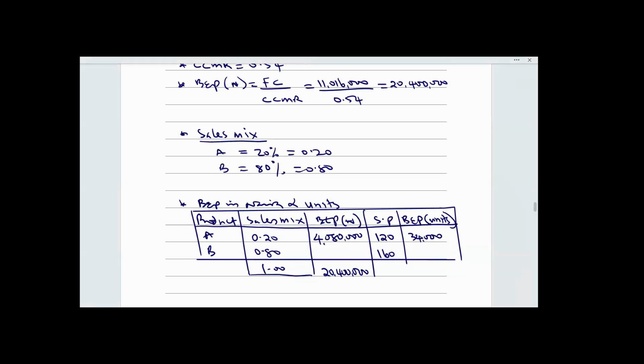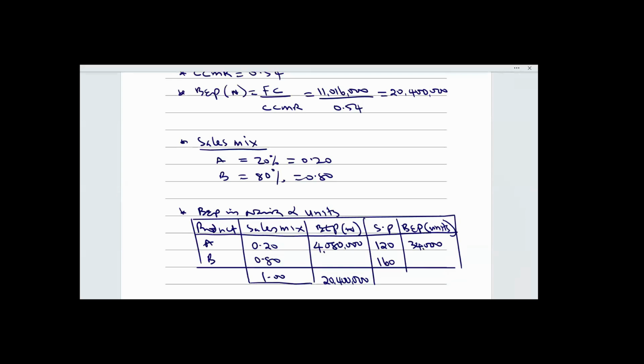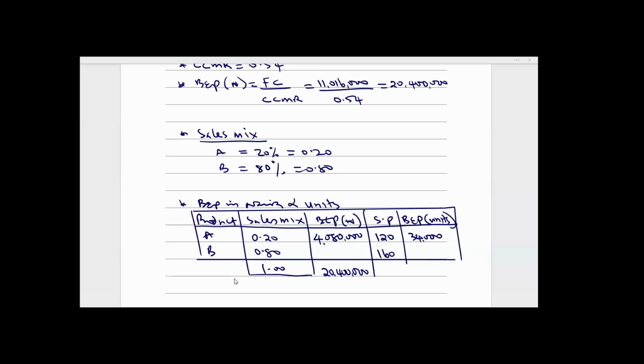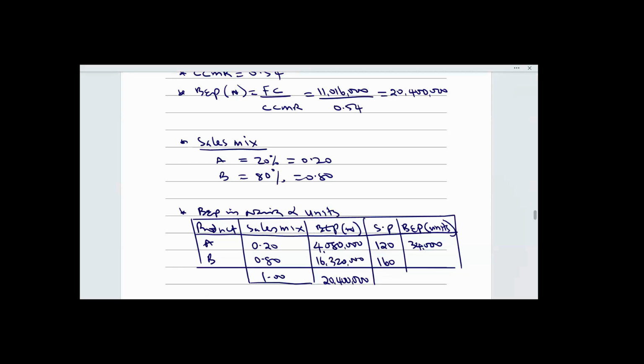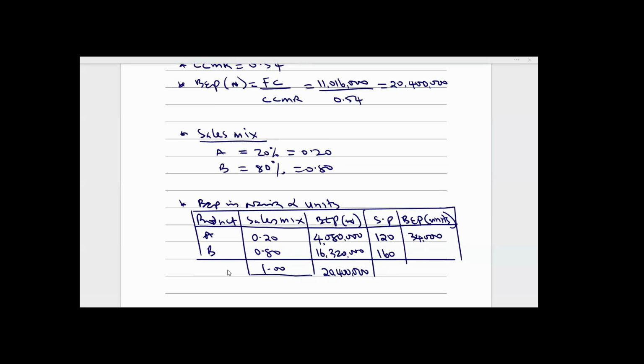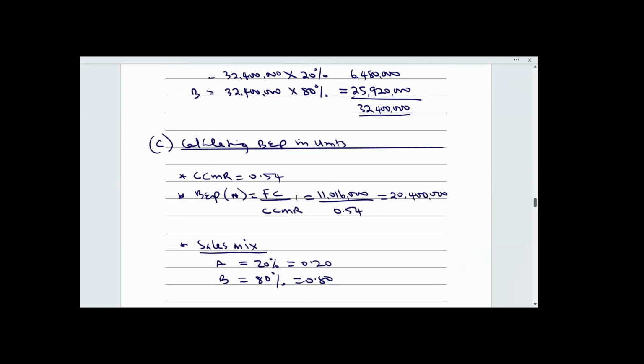Then for product B, 20,400,000 multiplied by 0.8 is 16,320,000. 16,320,000 divided by the selling price of 160 is 102,000 units. That's it. That's the end of the question.